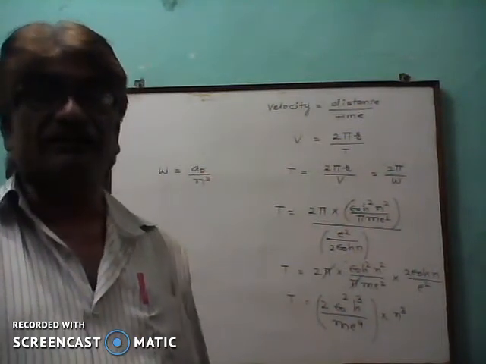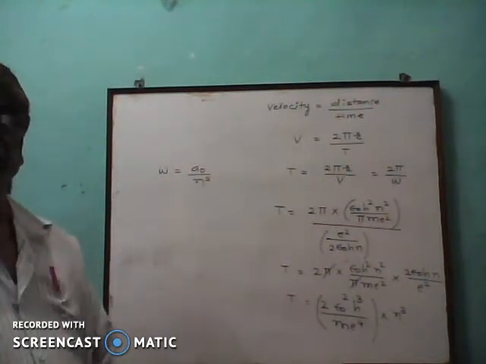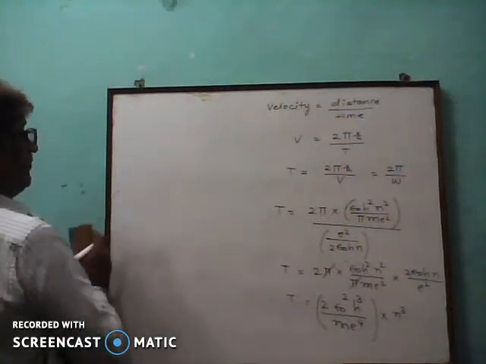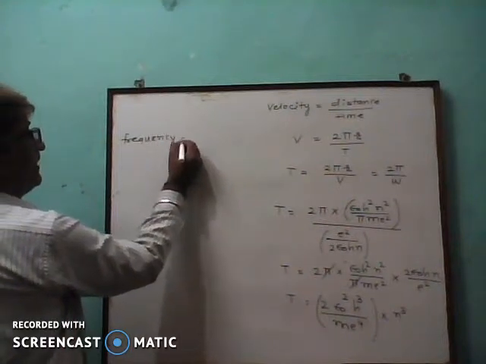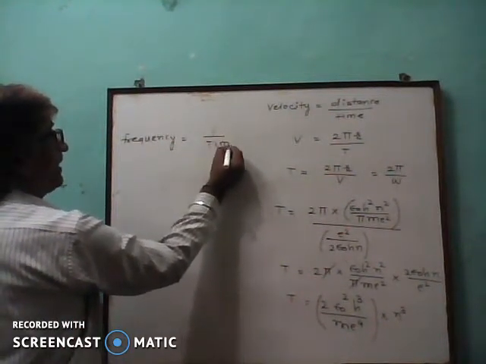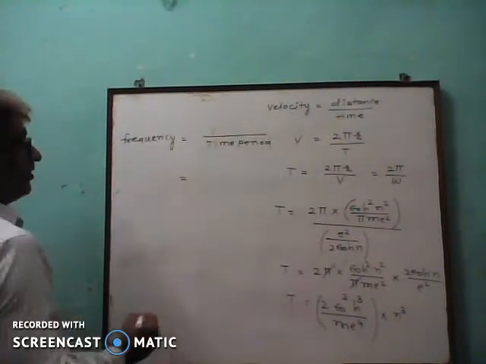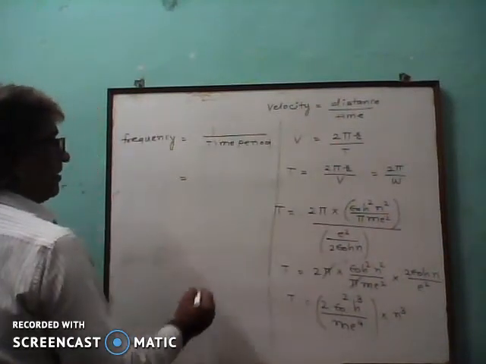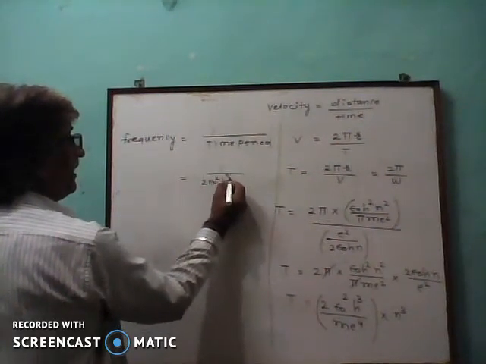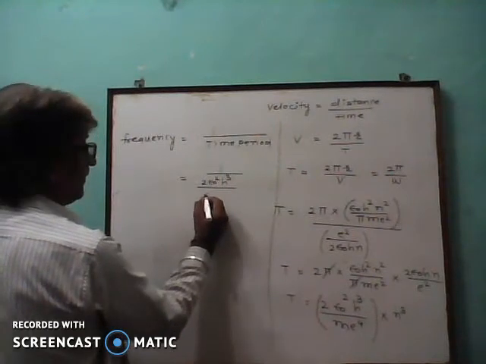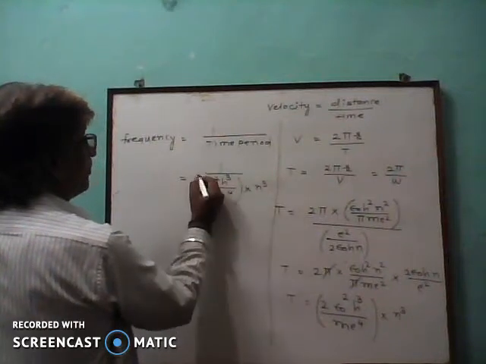We also know that the reciprocal of the time period of the electron is the frequency of the electron. So frequency is equal to 1 upon time period, which is 1 upon 2 epsilon 0 square h cube divided by m e raised to 4, into n cube.